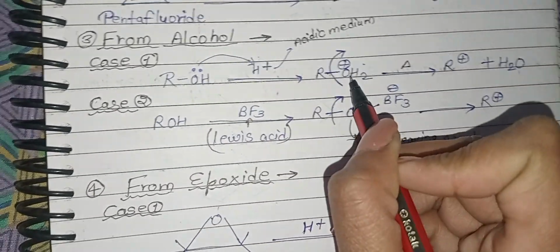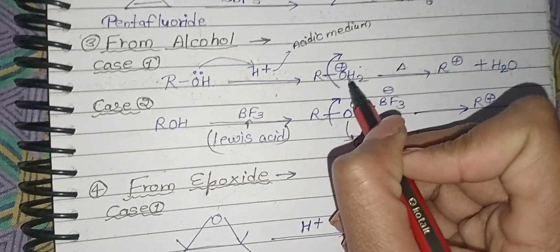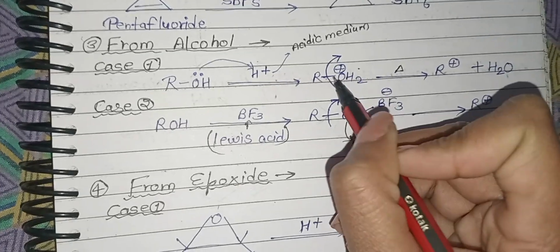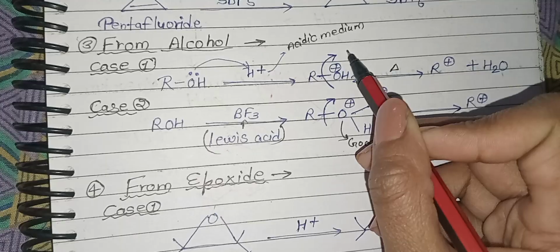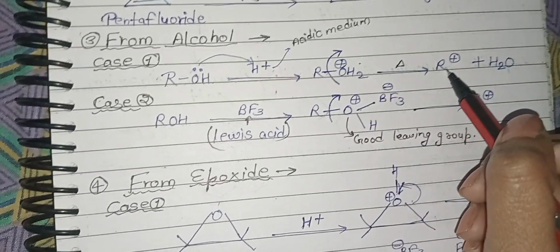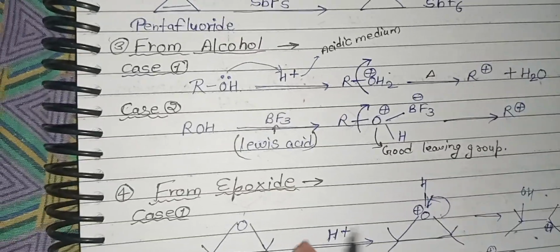This is the product we got. Then, in the presence of heat, this OH2 plus leaves, and we get R plus, which is a carbocation, and H2O. So this is the product.